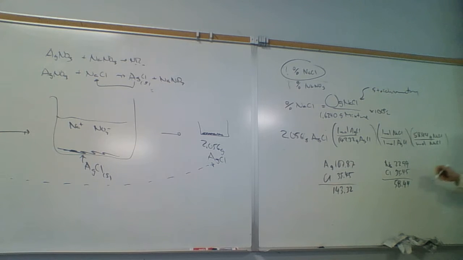So this is just standard stoichiometry. Grams of A to moles of A, moles of A to moles of B, moles of B to grams of B. Straight stoichiometry. That'll give us the grams of sodium chloride that we need for the percent composition.